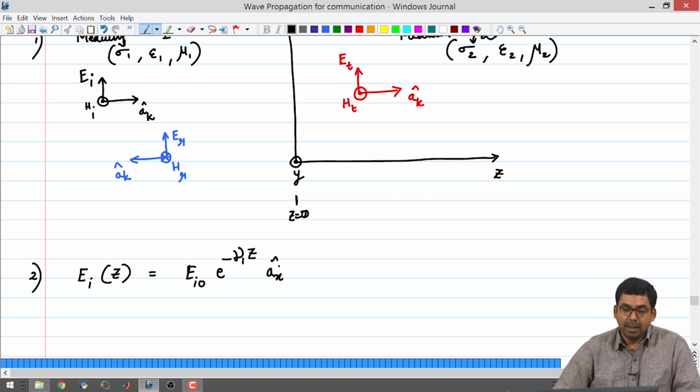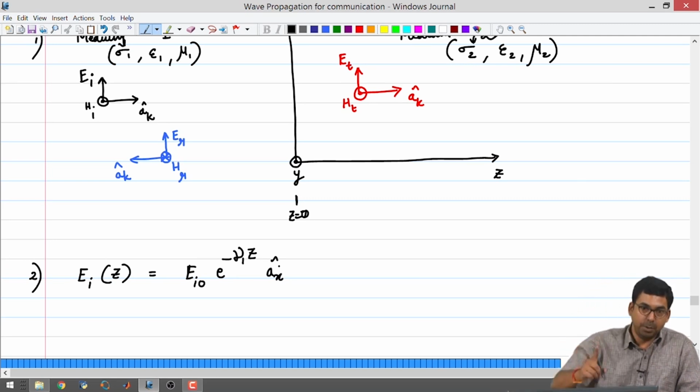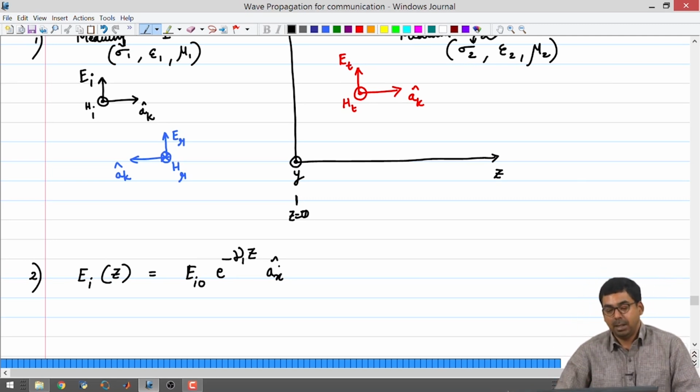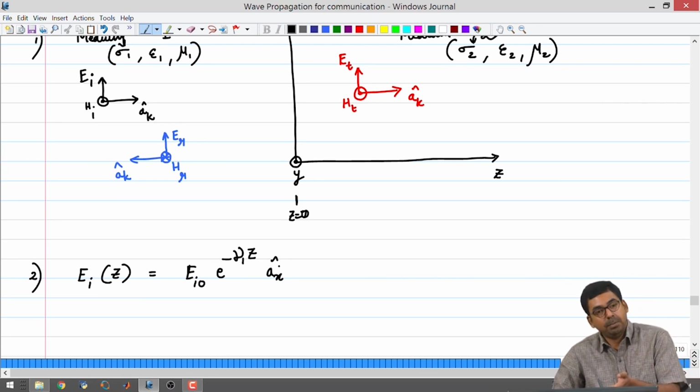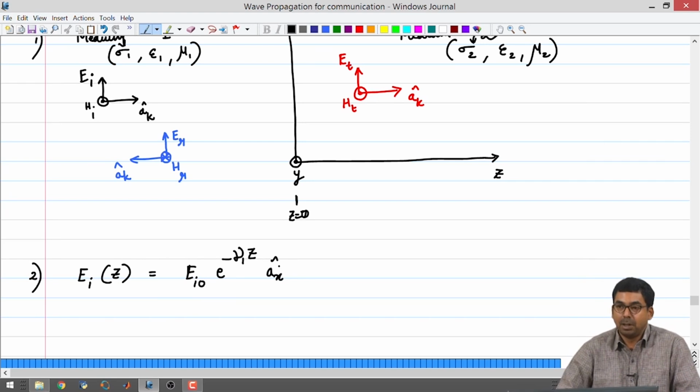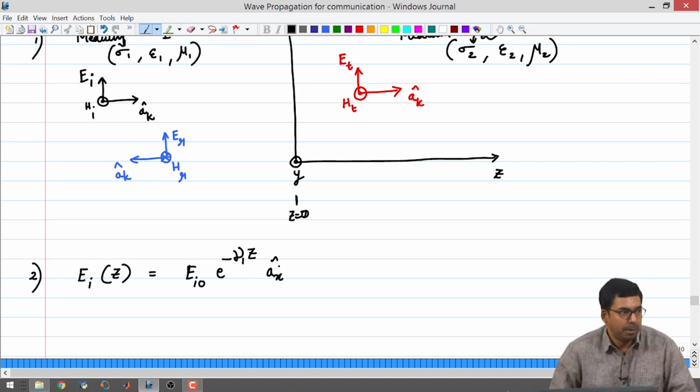The electric field is oriented in the x direction, so the unit vector is Ax hat. It has an amplitude of Ei naught, and a propagation constant of gamma 1 corresponding to epsilon 1 mu 1, and in this case we are starting with sigma equal to 0, but still, in the generic sense it will have gamma 1.